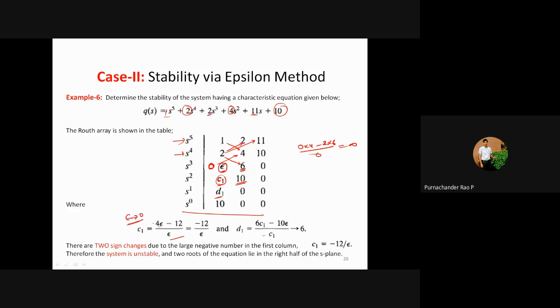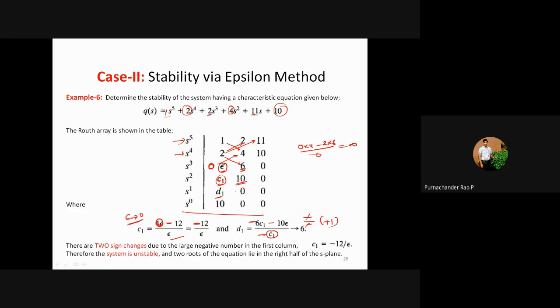Substitute epsilon tending to 0 in the equation. This value is going to be negative; it may not be infinite, but the sign is negative. Here C1 is also a negative value and this is also negative, so minus divided by minus will be plus.